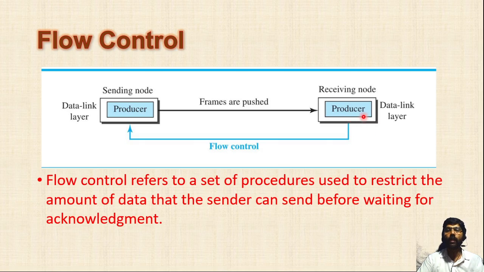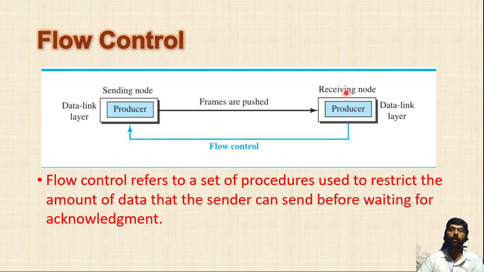For that, the receiving node maintains one memory area called a buffer. Whenever a frame comes from the sending node, it is stored in the buffer, and the receiving node processes those frames one by one.